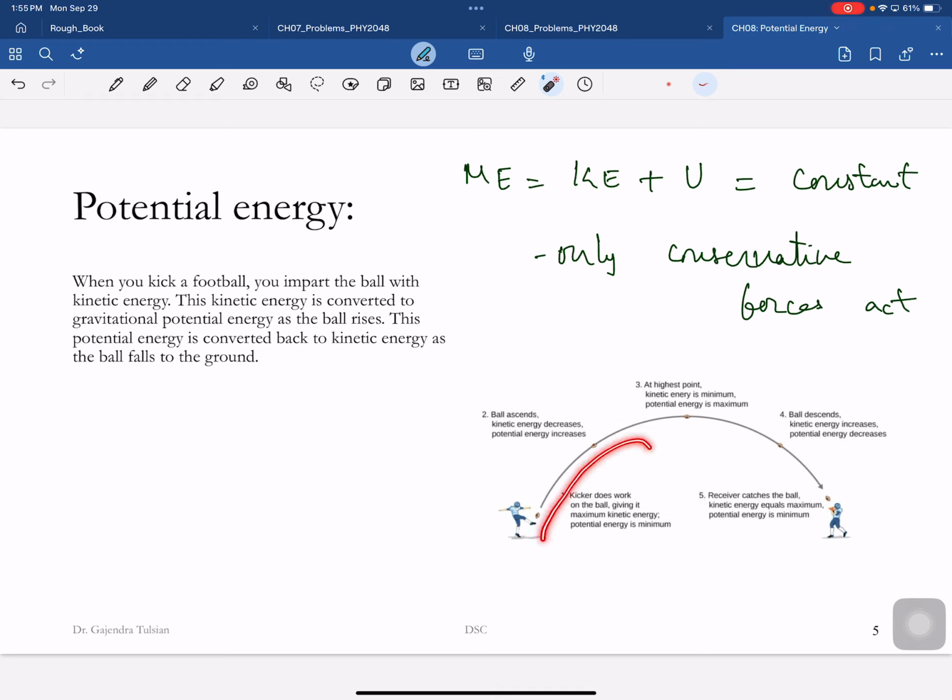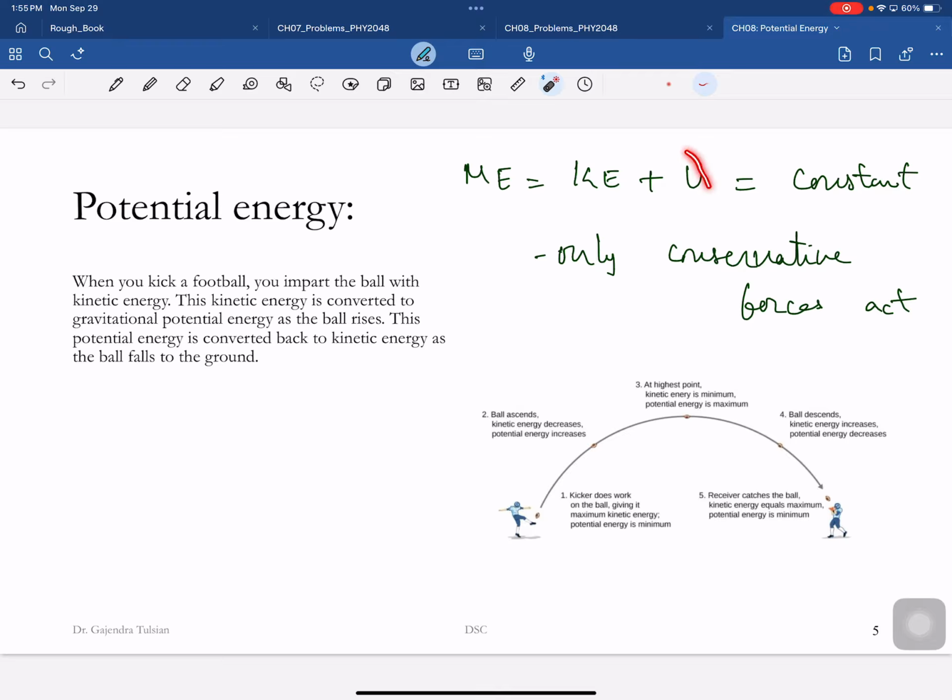In this case, the only two conservative forces you know are spring and gravity. So when only gravity is acting, what does that mean? That the drag force, air friction, is negligible. So when only conservative forces act, kinetic energy plus potential energy remains constant. When you kick the ball, as the ball rises, it's slowing down, kinetic energy is decreasing, potential energy is increasing. But the sum of the two is always constant all along the path.